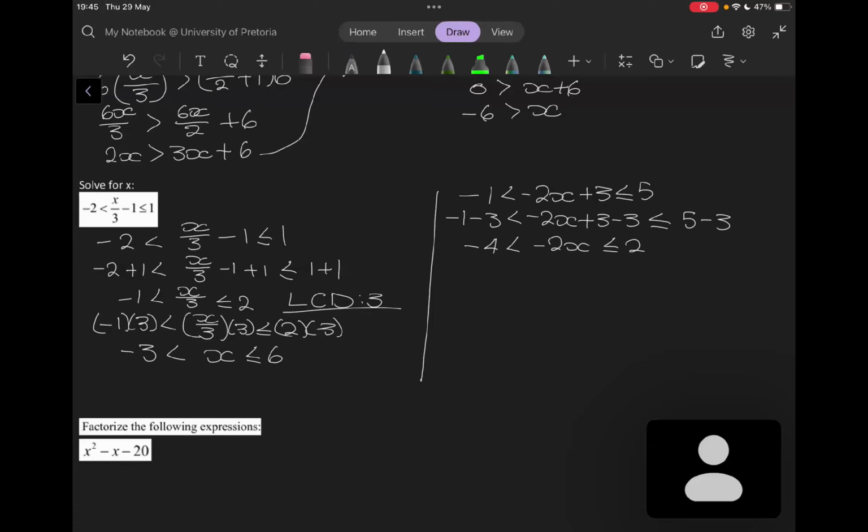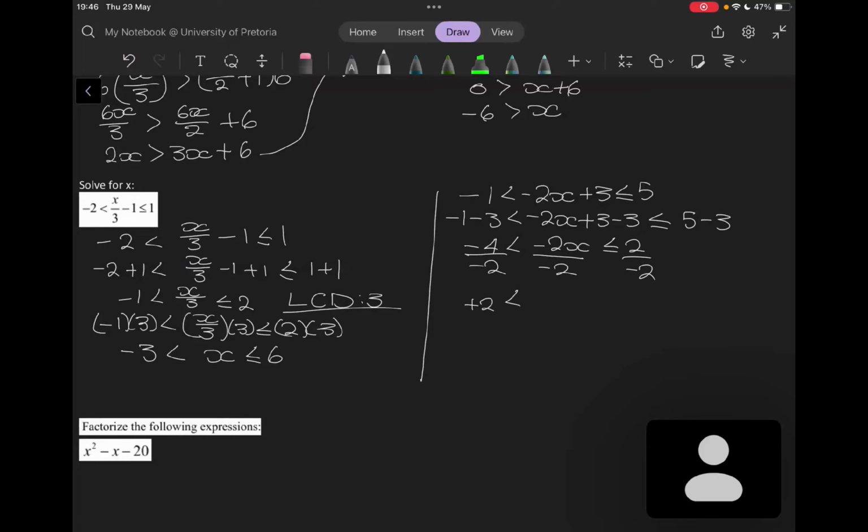And now, after this, we have to get x on its own. So we divide everything by negative 2. So let's do that. Divide this by negative 2, divide that by negative 2, and we divide this by negative 2. If you simplify this, we then end up with positive 2, because whenever we divide a negative by a negative, we get a positive.